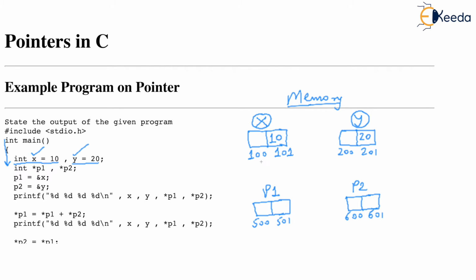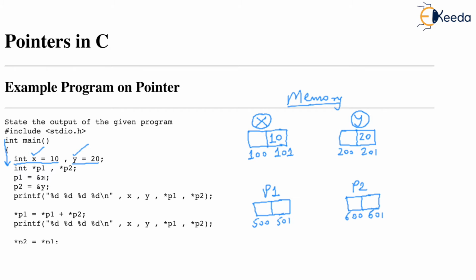We have assumed that the address at which x is stored is 100. Basically 100, 101 are the 2 bytes which x occupies, and 200, 201 are the 2 bytes which y occupies. Also, the value of x shown is 10 and the value of y shown is 20.